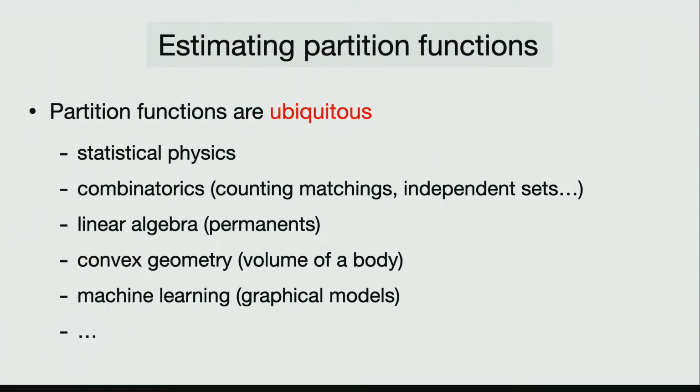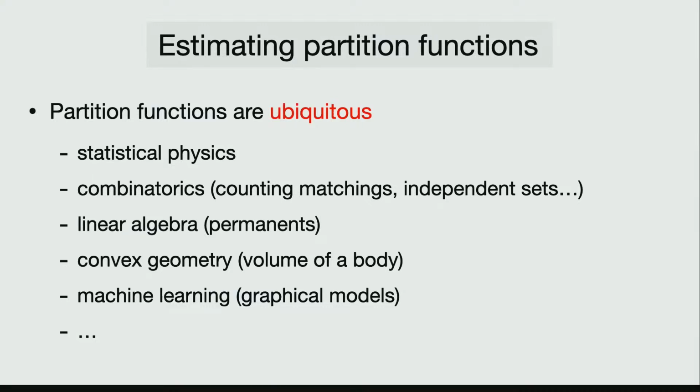Okay, so partition function is a particularly interesting case because it is very ubiquitous in TCS and in physics. This is a very important object in statistical physics when you want to understand the dynamics of a system, but also in combinatorics, where it can be related to the counting of certain graph structures, such as matchings, independent sets, colorings.